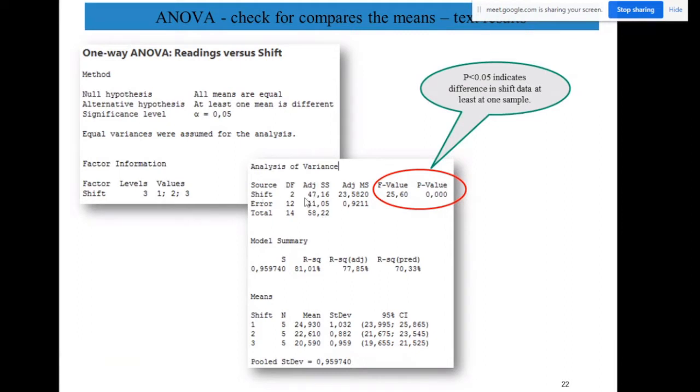SS between group is 47.16 divided by 58.22. This gives the R square value. The P value in this case is 0, so it is showing 0. A P value of 0 indicates that there is a difference in the shift.